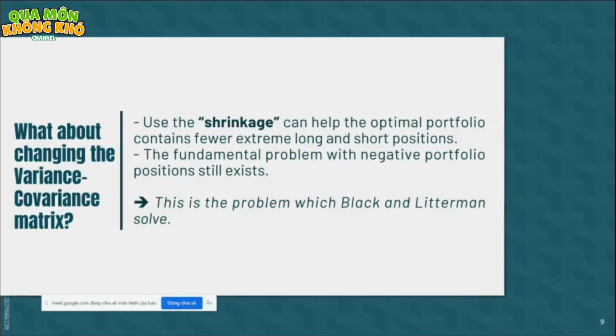It can help the optimal portfolio contain fewer extreme long and short positions. Nevertheless, the problem with negative portfolio positions still exists. So this is the problem which Black and Litterman needed to solve.